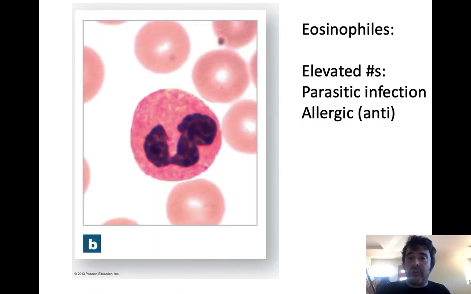Now, eosinophils, when you look at their cytoplasm, it's really grainy and red. Really red. They also have these bilobar nuclei, two defined lobes, but the cytoplasm is really grainy and red. And where you see eosinophils elevated is whenever the body is targeting parasitic infections.